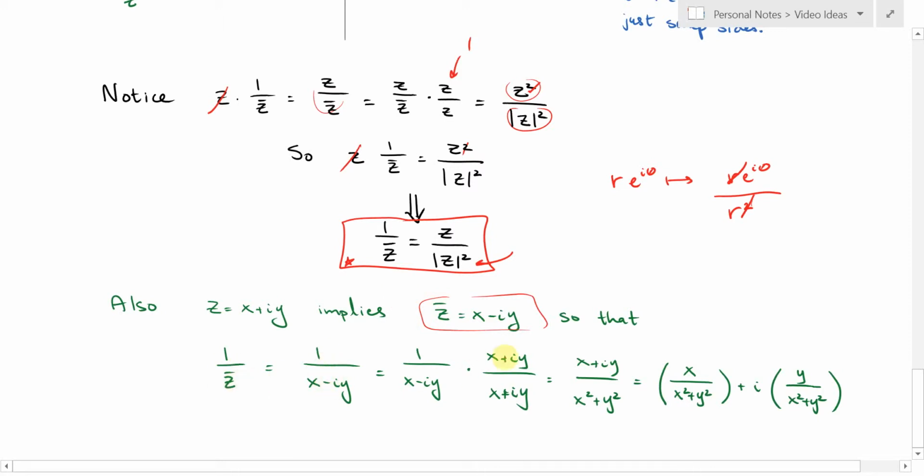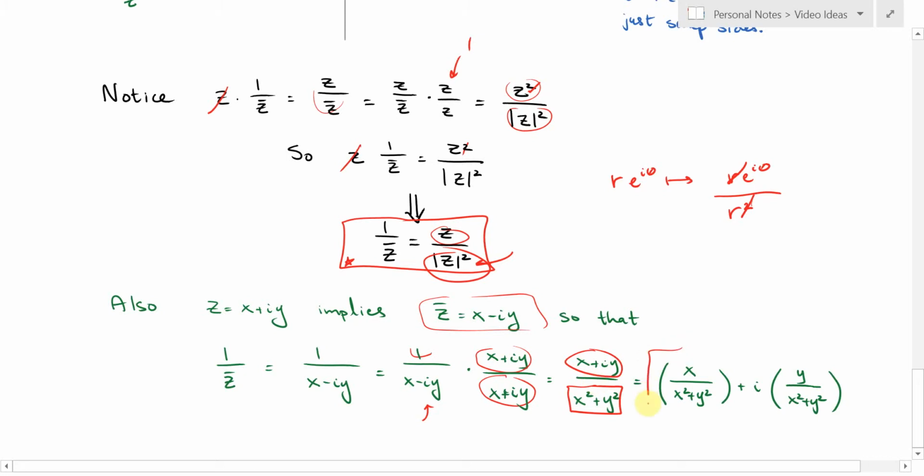If we multiply both sides by the original z, x plus iy, that has the effect of realizing the denominator. x minus iy times x plus iy is x squared plus y squared. And we have x plus iy times 1 on top, so that's just x plus iy. You'll notice this is the exact same formula we had before. x squared plus y squared is the norm of z squared, and x plus iy is z. So this is just the same formula written in these coordinates.